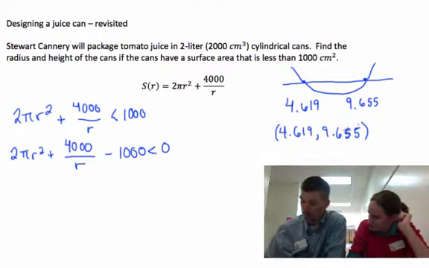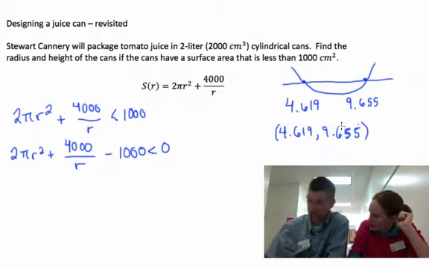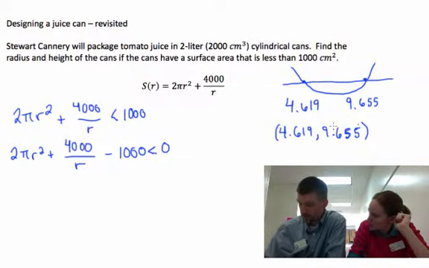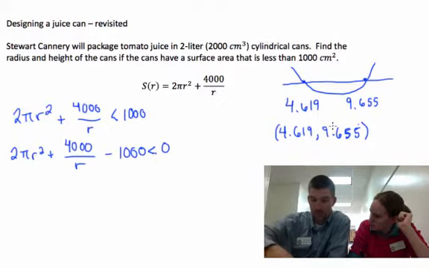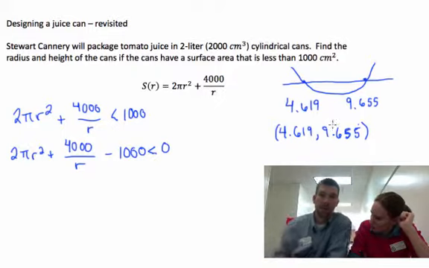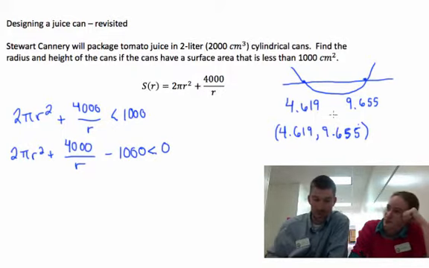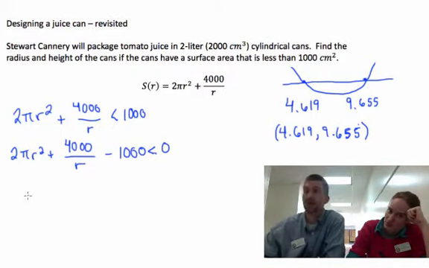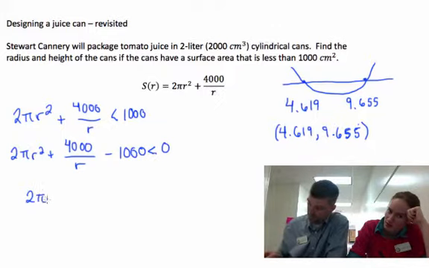What we want to do is find the radius and the height of the can. We just found the radius. How do we find the height? If it's a cylinder, the volume is pi r squared h, and they told us the volume was 2,000 centimeters cubed.